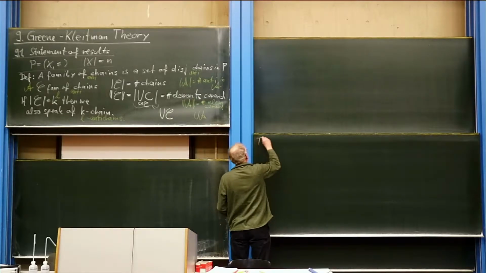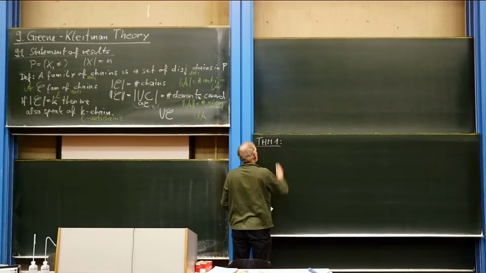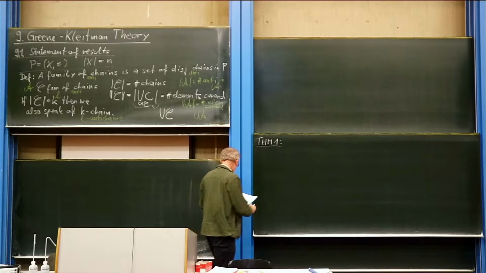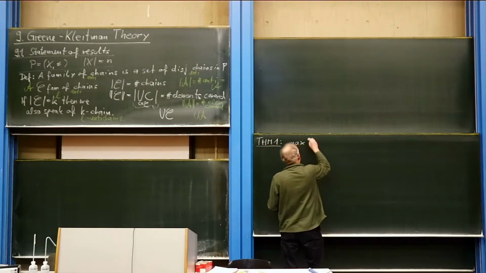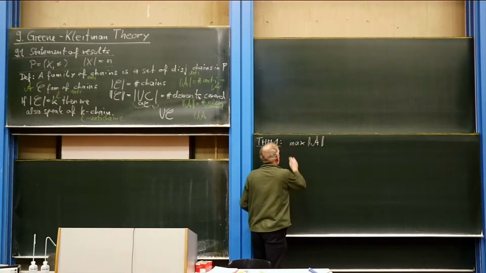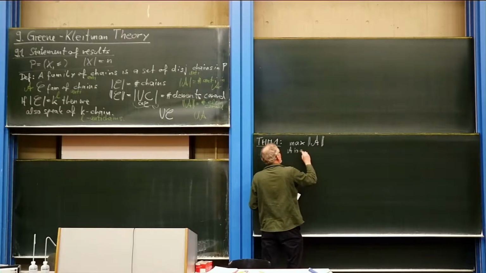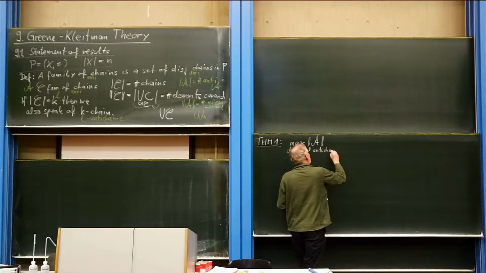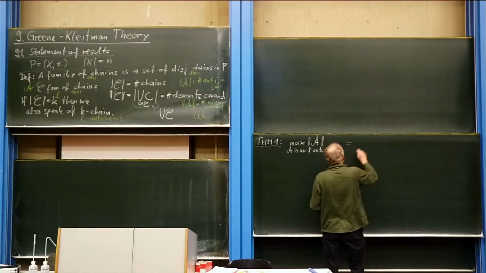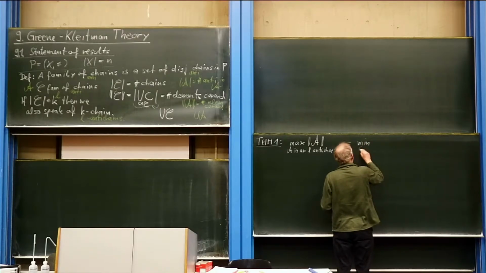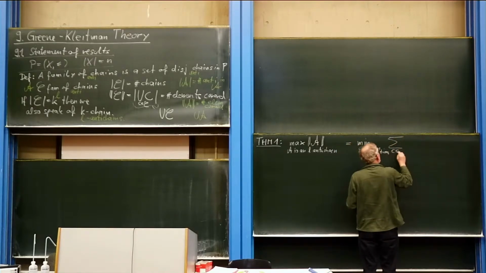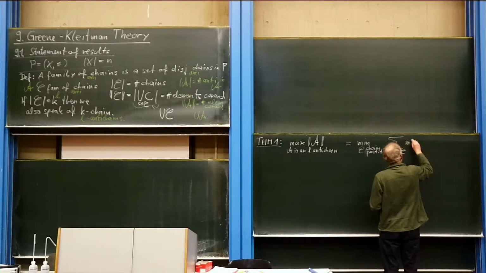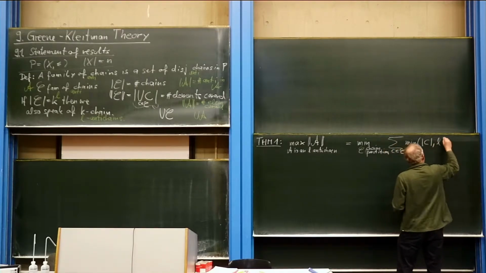So theorem 1 in this theory is that the maximum of the norm of A, where A is an L antichain, equals the minimum over chain partitions C, where we sum over all chains in the chain partition, and we weight each chain with the minimum of its size and this parameter L.